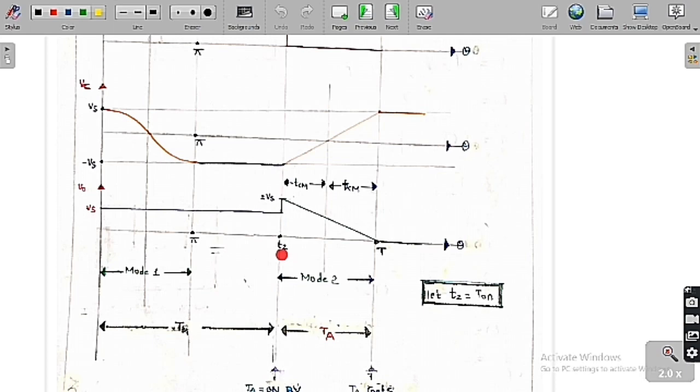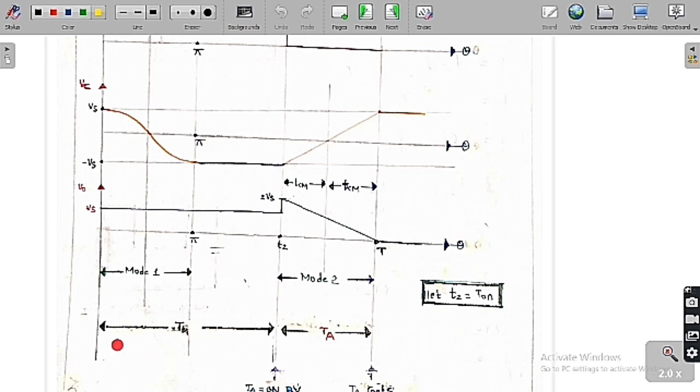The capacitor voltage is already negative, so it acts like a reverse voltage across the main thyristor. So automatically the main thyristor is going to get turned off. The moment you turn on TA, the auxiliary thyristor, Tm is turned off.